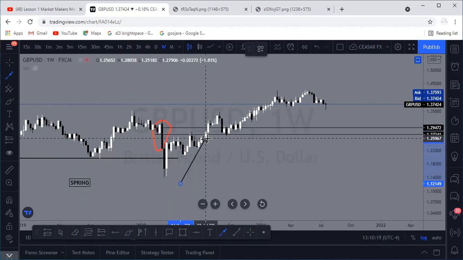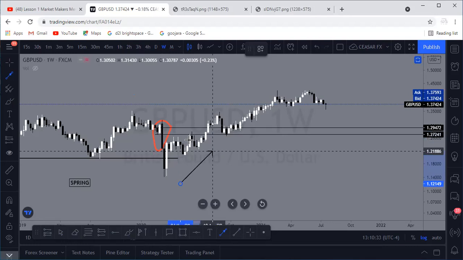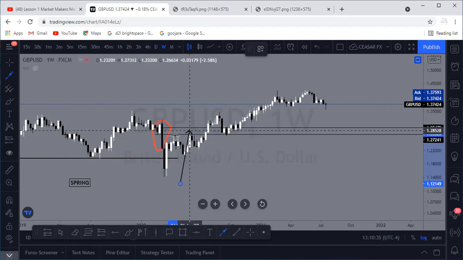So that is why the market broke this order block here, because it came inside this zone where there are two order blocks, a sell to buy and a buy to sell. It didn't mitigate all of them. It only mitigated the sell to buy order block, meaning the buy to sell order block is not mitigated yet.